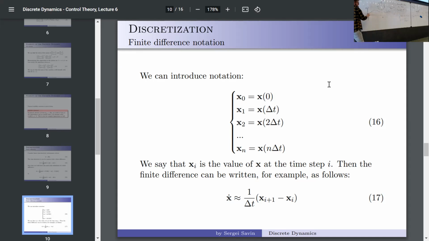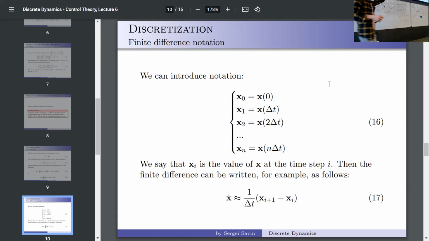We define it at the discrete points of time: x0, x1, x2, x3, x4, x5, etc. Instead of talking about x of t, x as a function of t, we talk about a discrete sequence of x. We can still talk about it as a function of time, of course, but it is sufficient to just talk about its index to define it.